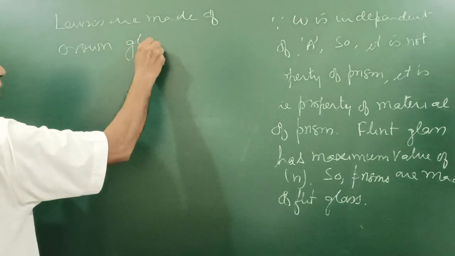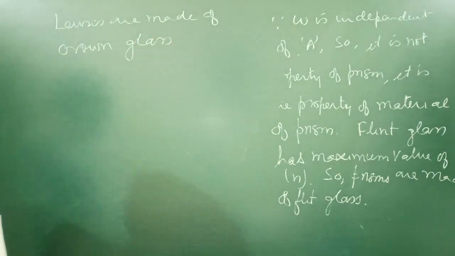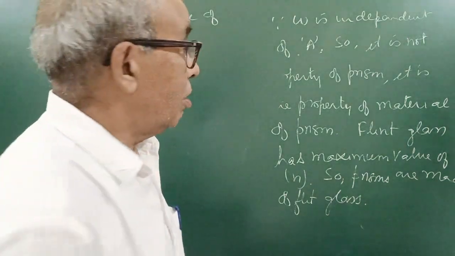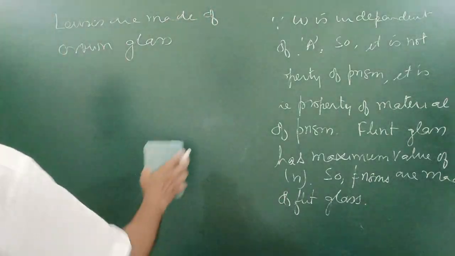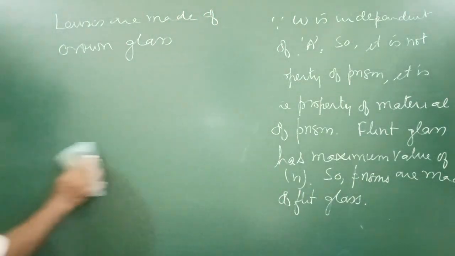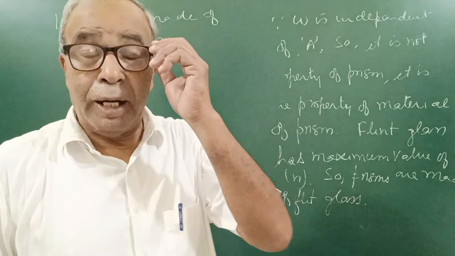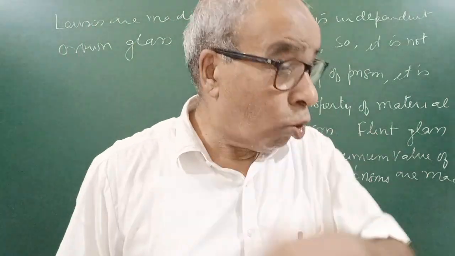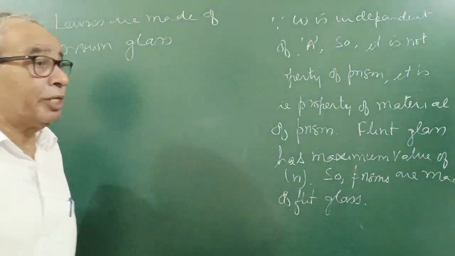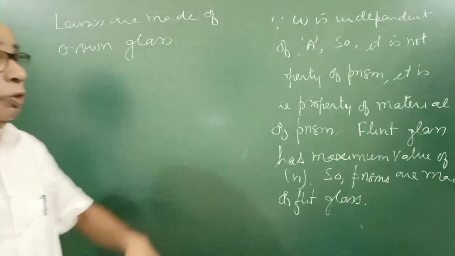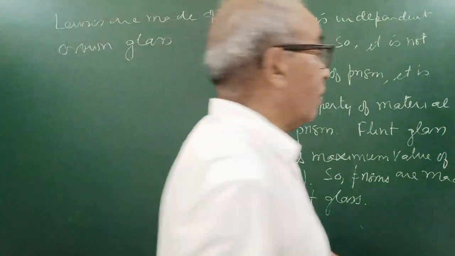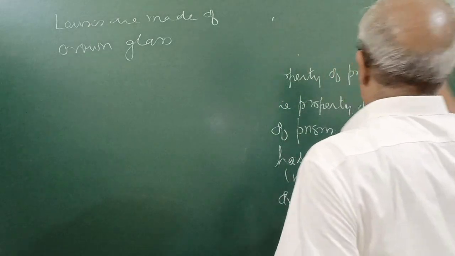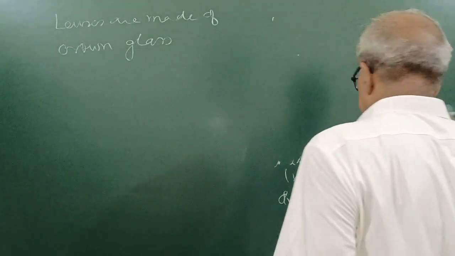This question has been asked in different competitive exams also: name the glass which is used to make prisms and lenses. In lenses we don't want dispersion, though they produce it, and the defect of a lens due to which this dispersion takes place is called chromatic aberration.